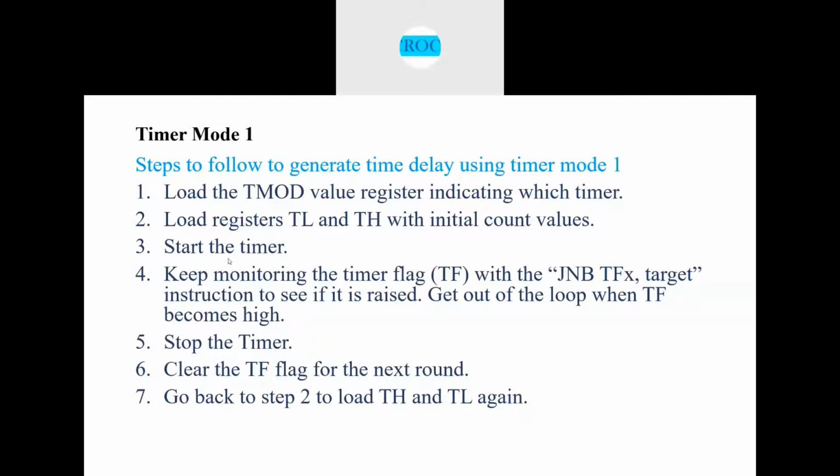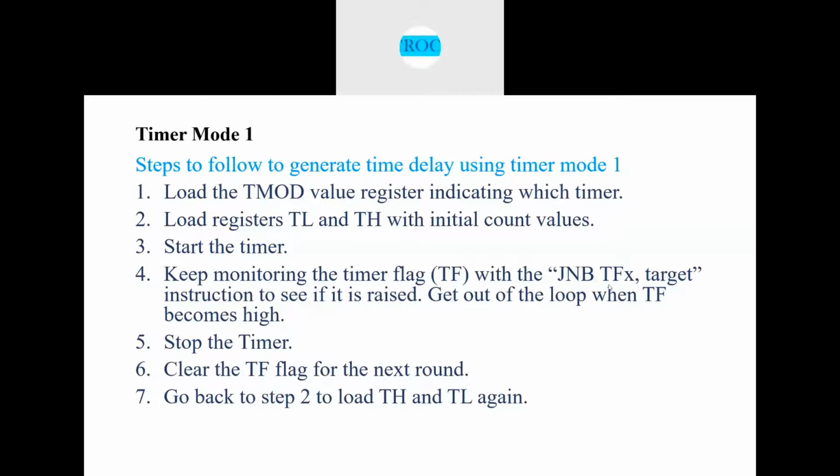Now the timer bit is set, so the timer, maybe timer 0 or timer 1, is receiving the clock signals. As it keeps on receiving the clock signals, the timer will keep on incrementing the number of counts in that register. As it keeps on increasing, whenever it reaches FFH, what will happen there?